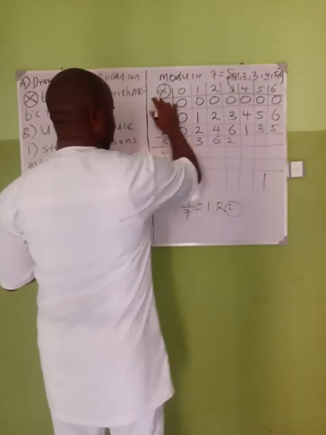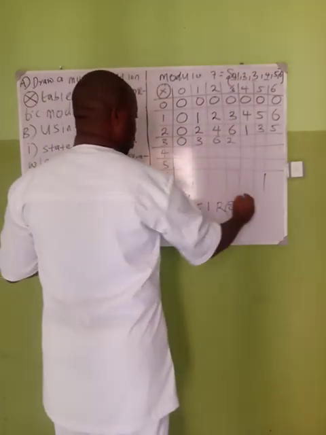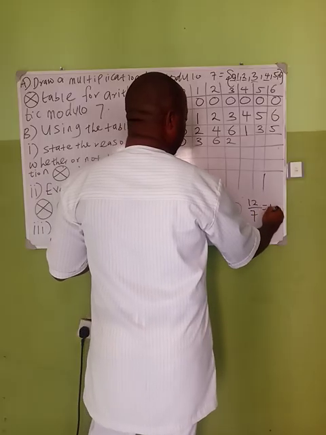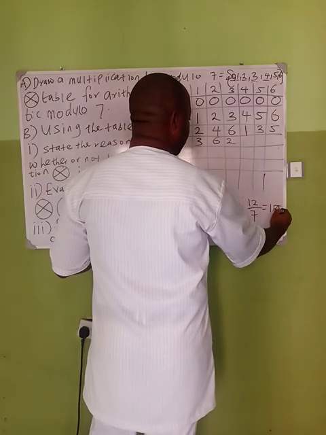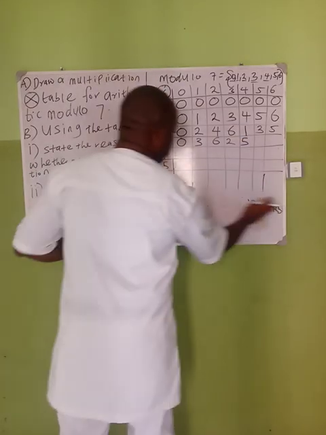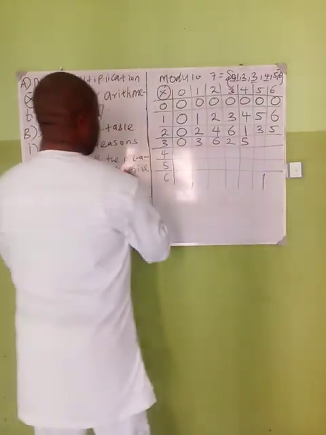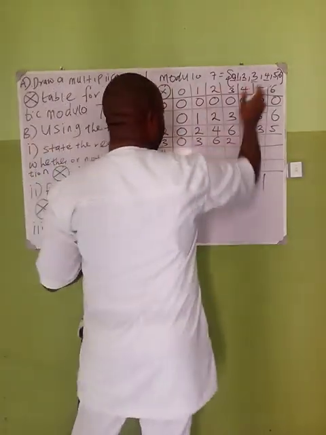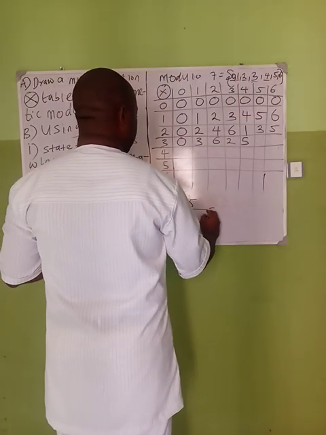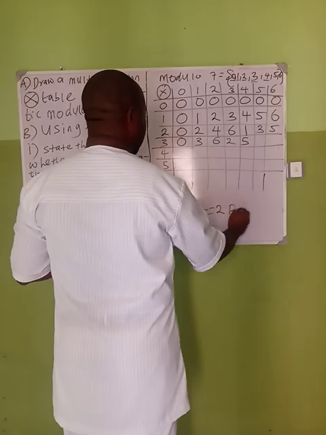Next is 3 times 4, which is 12. We've done 12 before, but I'll just show it again. 12 divided by 7, that's 1 remainder 5. So I'll write remainder 5. Then next will be 3 times 5, which is 15. So 15 divided by 7, this is 2 remainder 1.